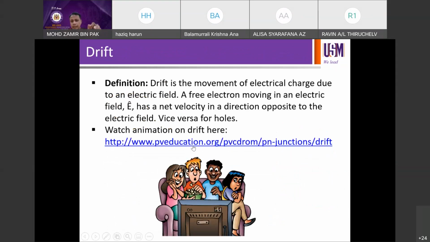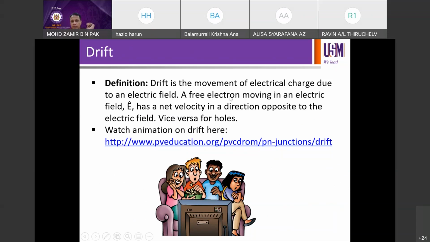Drift, the link is on the PVC ROM. Let's have a look later on. I'm going to share the website with you eventually. Drift is the movement of electrical charges or the carriers due to the presence of electric field, as discussed. A free electron moving in an electric field E has a net velocity in a direction opposite to the electric field.